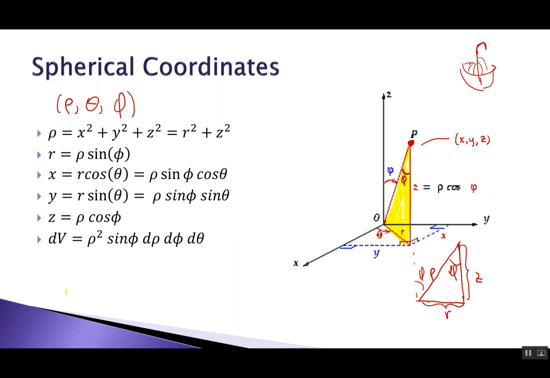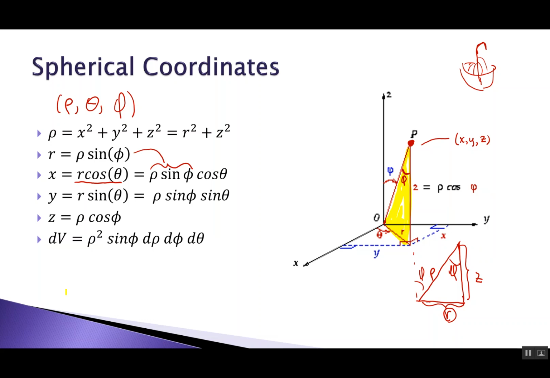Because we know from this picture that r is equal to rho times sine of phi. It's the same r as in polar coordinates, and that r is equal to rho sine phi from that yellow triangle. Well, we can figure out what x is, because in polar coordinates, x is r cosine theta, but r is rho sine phi, so x is now rho sine phi cosine theta.